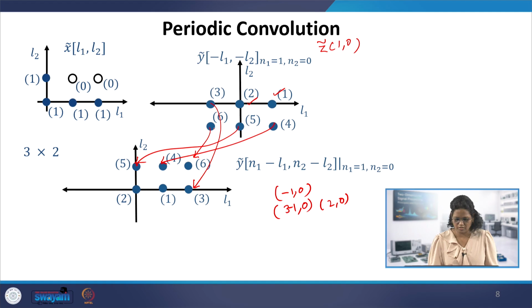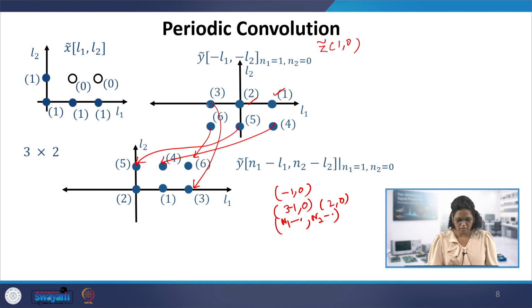Similarly, you have to take the indices of the ones which are not within 3 by 2, that is capital N1 minus the sequence value, comma capital N2 minus the sequence value, if the sequence indices exceed 3 by 2 only. Otherwise, you need not do the mod function in this case. So these two signals don't need any change to 1 1, but the other dots need that 3 by 2.